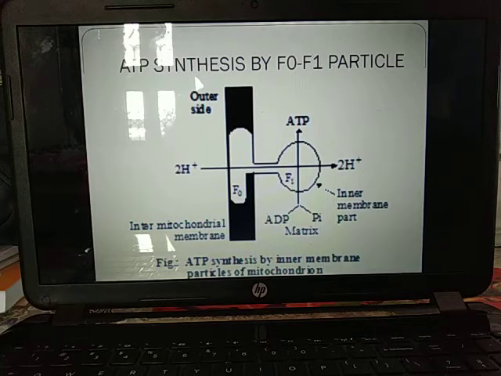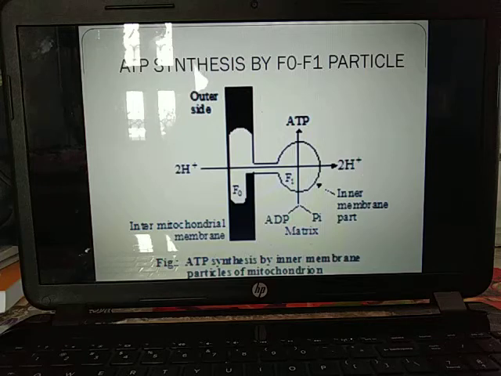The energy of the proton gradient is used in attaching a phosphate radical to ADP by a high energy bond. This produces ATP. Oxidation of one molecule of NADH2 produces 3 ATP molecules, while a similar oxidation of FADH2 forms 2 ATP molecules.